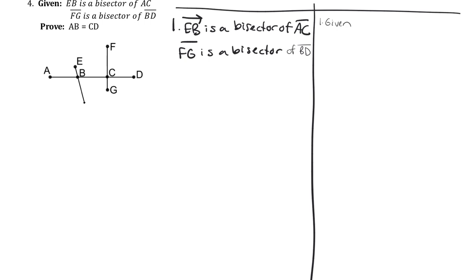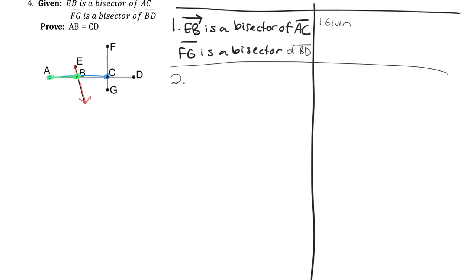All right, so we have our last proof here from this homework set. We are told that ray EB is a bisector of segment AC. We're also told that segment FG is a bisector of segment BD. So let's look at each clue independently. Looking at that top clue, we've got ray EB bisecting segment AC. Remember, bisect means to cut it into two equal or congruent parts.